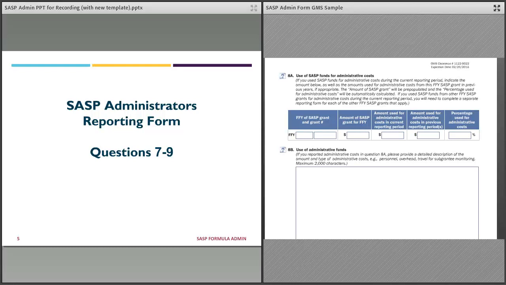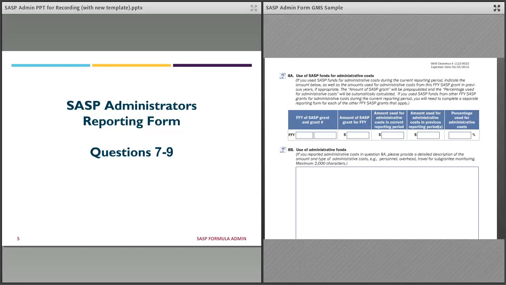For those of you who used funds from a single FFY grant to cover administrative costs in more than one reporting period, here is an example of how you would report in question 8A. In 2018, for example, let's say that I used $10,000 from FFY 2016 funds to cover administrative costs.